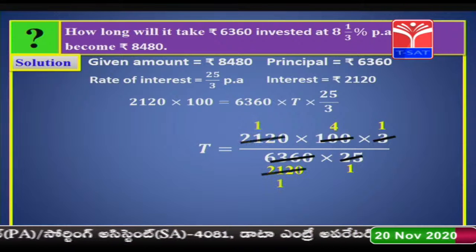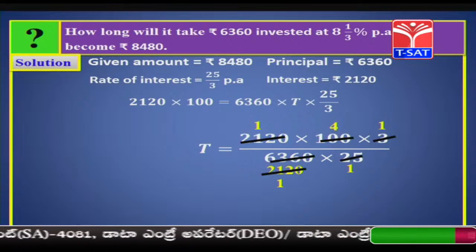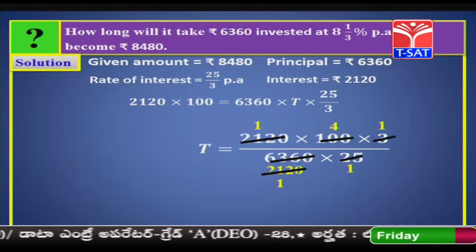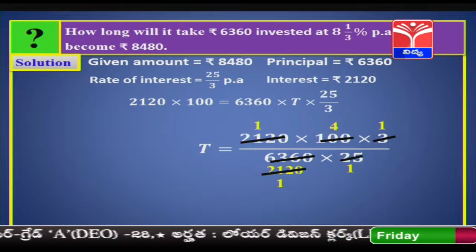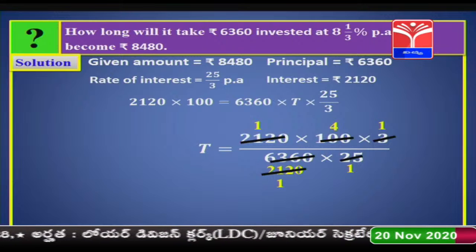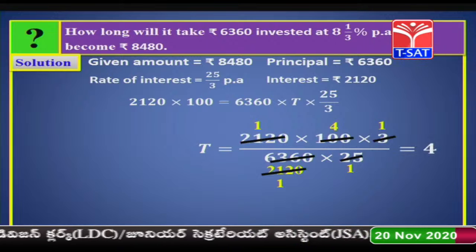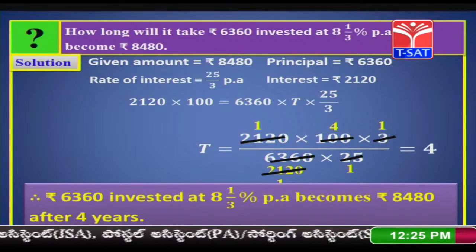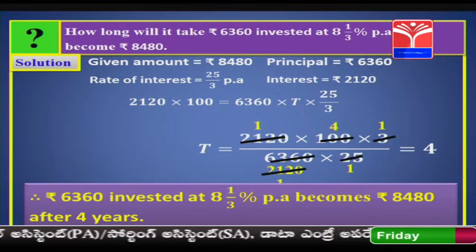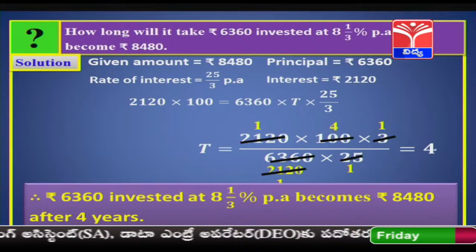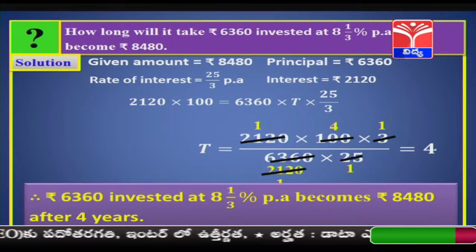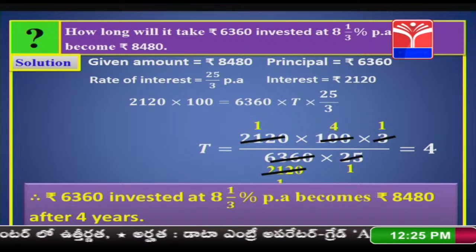Yes, in numerator we have 2120 and denominator also we have 2120, both get cancelled 1 time each. And what is left, children, now? Yes, we are left with only 4. That means, the value of T is 4. Hence, we can conclude that this amount 6360 invested at 8 1/3 percentage per annum becomes 8480 rupees after 4 years.